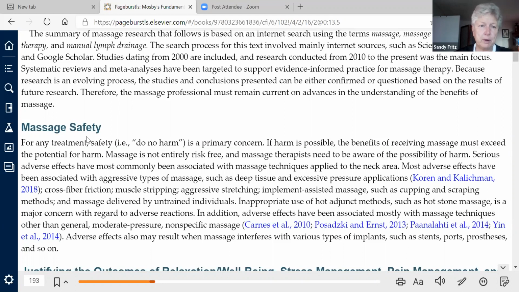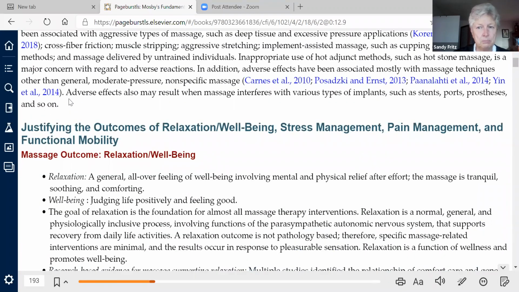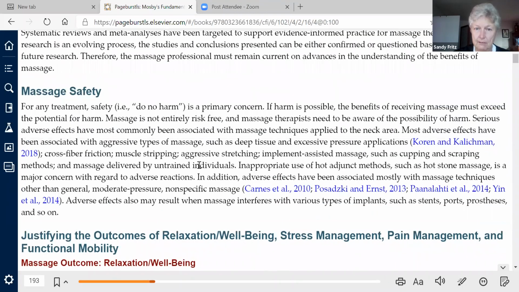So foremost, we want to be involved with safety. We want to make sure that as we provide massage for benefit, we don't do any harm. And so massage is generally safe, but there are things that we have to be careful of.